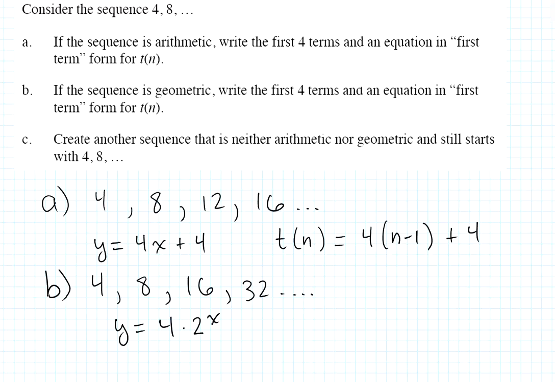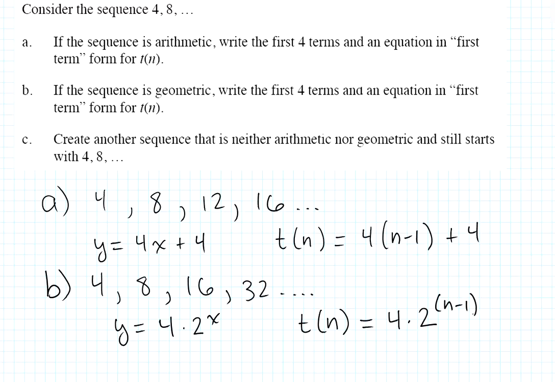Now if I want to flip this and make this in first term form, here's the only modification that happens, I think. It's a sequence. N is the term number that I want, and t is the function that generates that term. And I have that equals 4 times 2, and then instead of writing x, I'm going to write to the n minus 1 power.